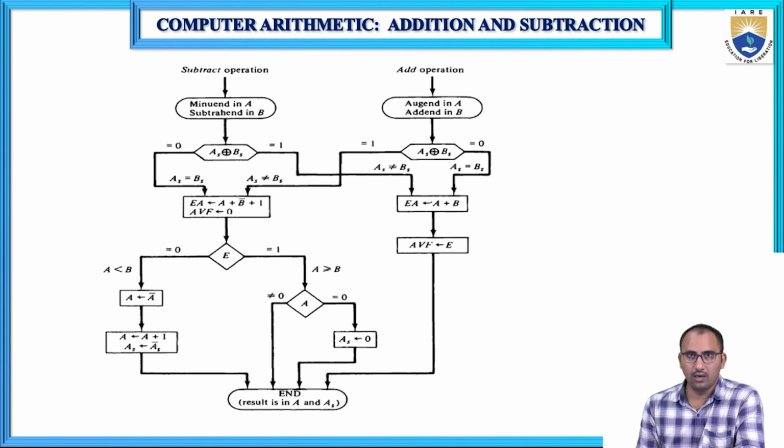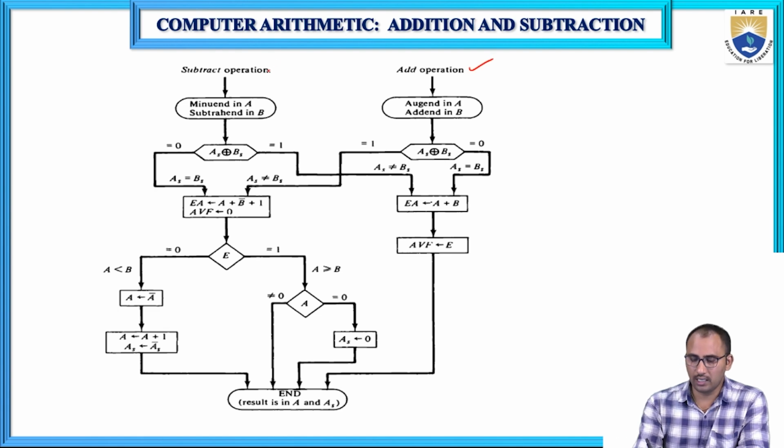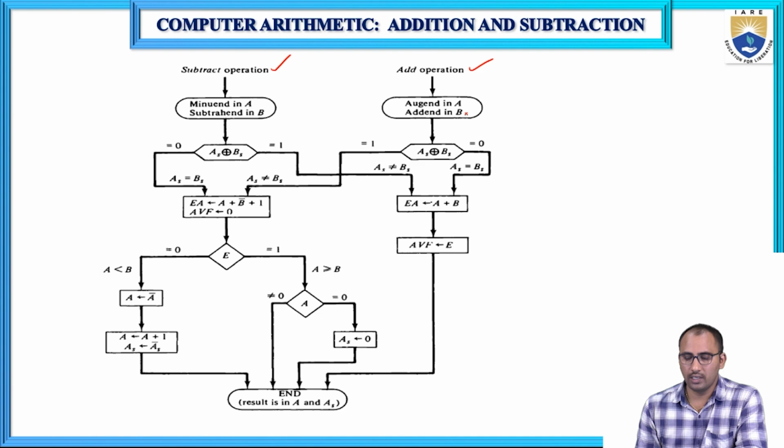So this is the hardware algorithm for addition and subtraction. Using this flow algorithm, we are implementing the addition operation and subtraction operation. Augend in A, addend in B. In order to perform addition and subtraction, we require two registers, register A and register B. We are adding A plus B, that means the contents of the B register are added with the contents of the A register.